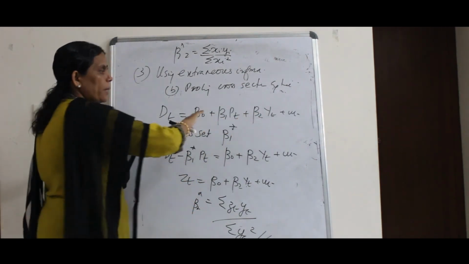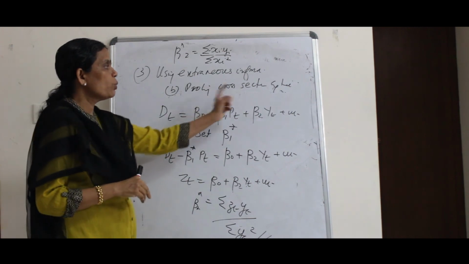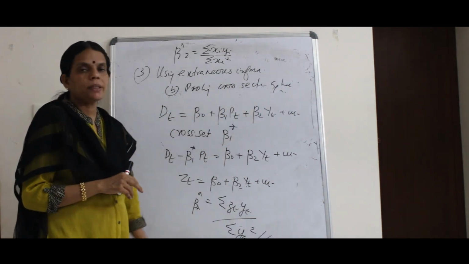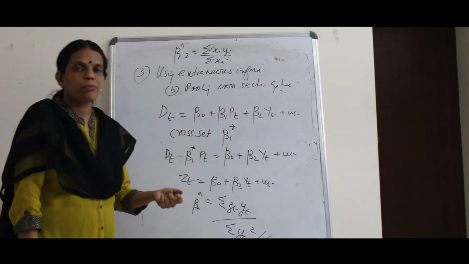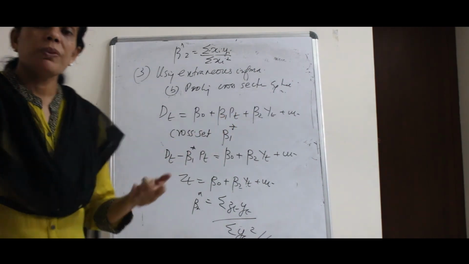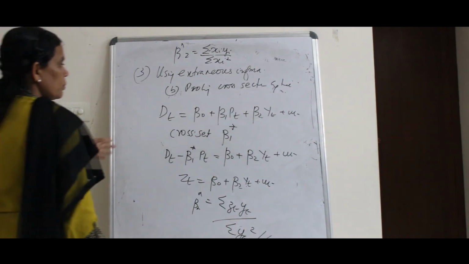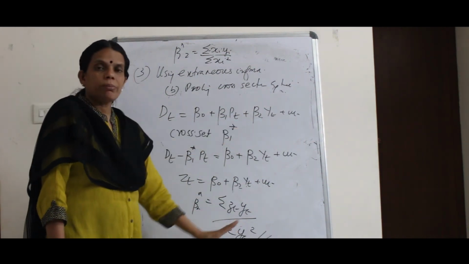In this case, with price and income, you can pool cross-section and time series data. Use cross-section to find the value of beta 1, the price coefficient, and then use time series to find the value of beta 2.